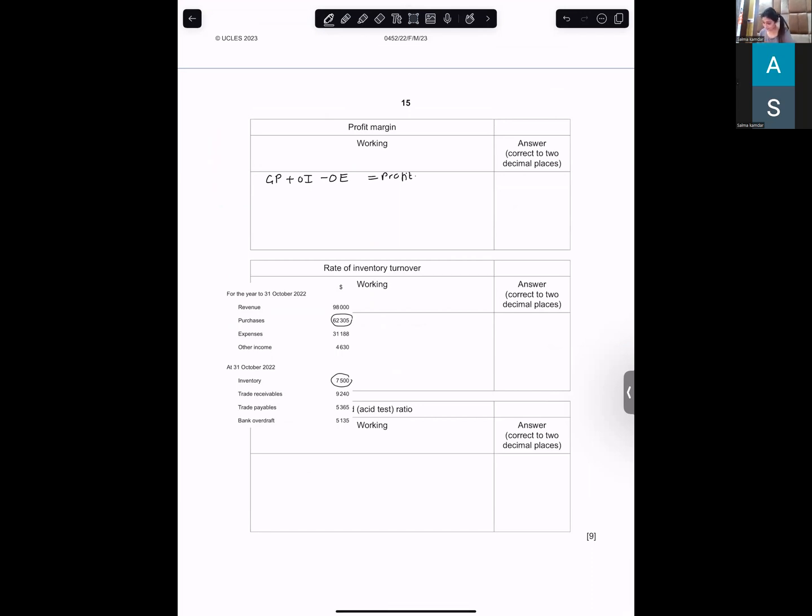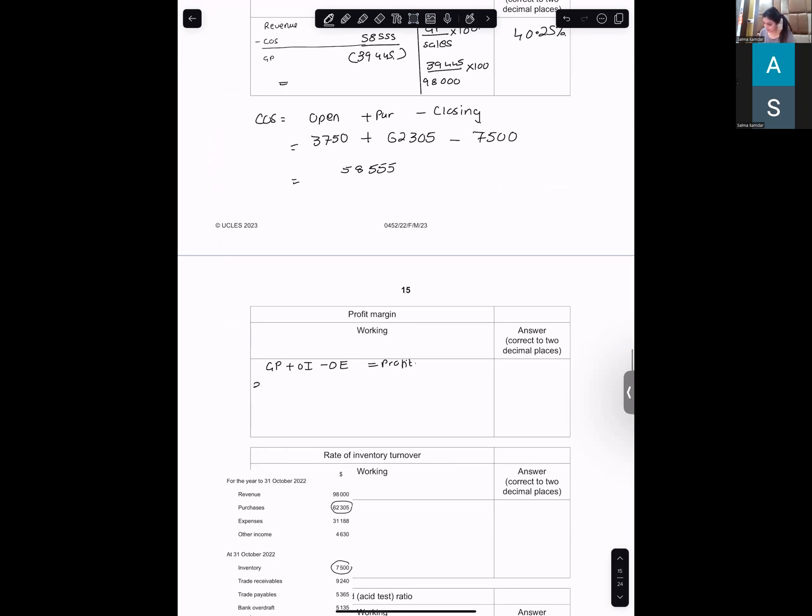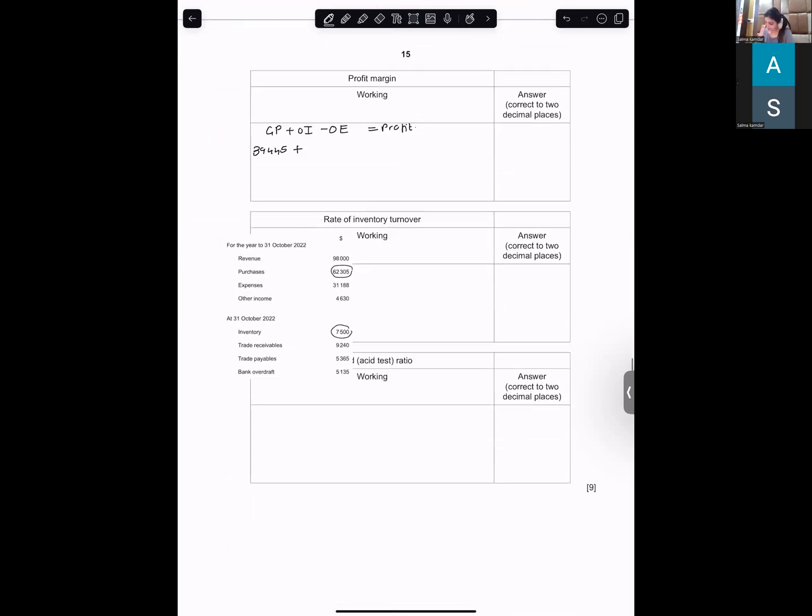Your gross profit is 39,445, add the other income of 4,630, less expenses of 31,188. Profit will be 12,887.